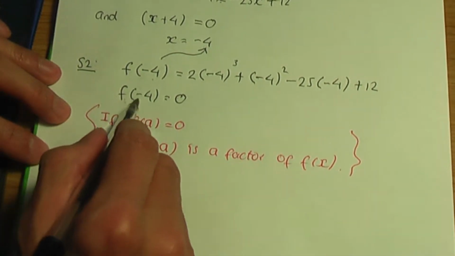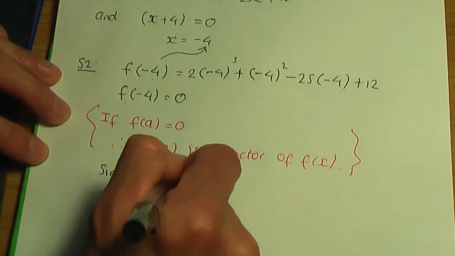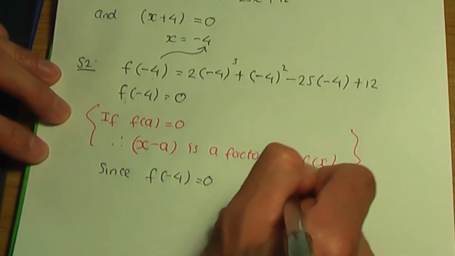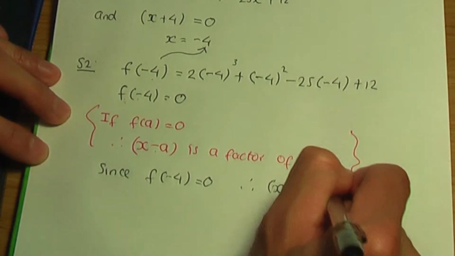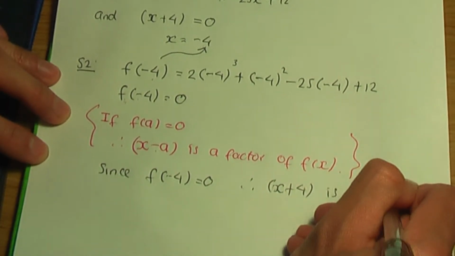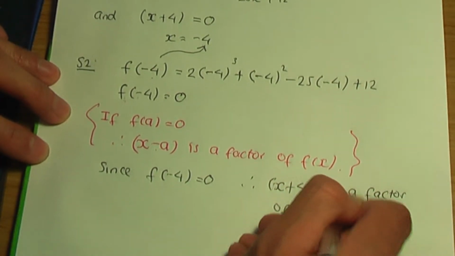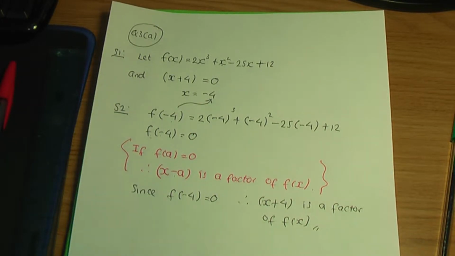Since f of minus 4 is equal to 0, that means that x minus minus 4, which is x plus 4, is a factor of f of x. So that completes part A to this question.